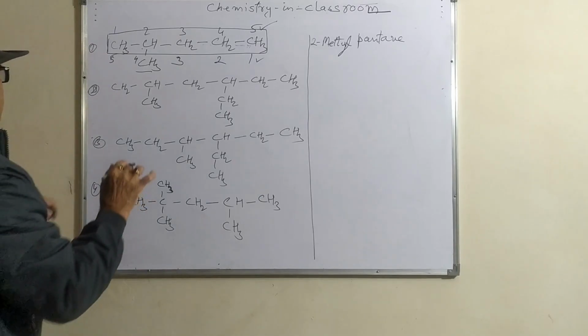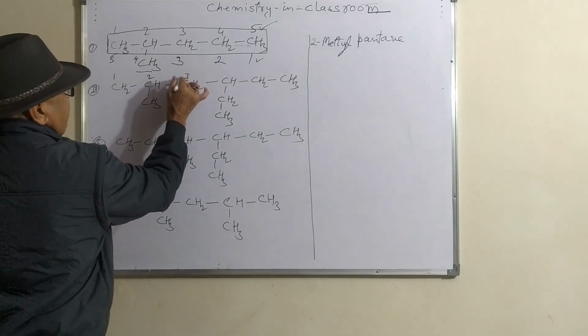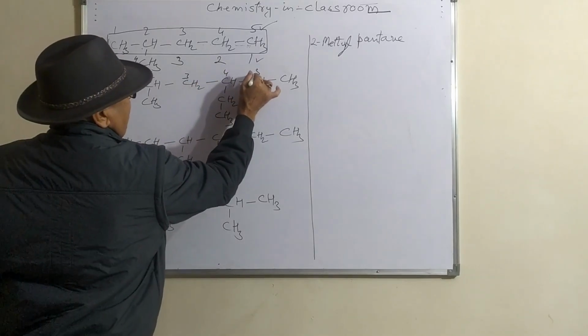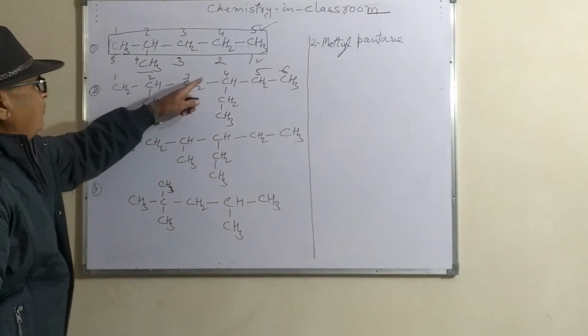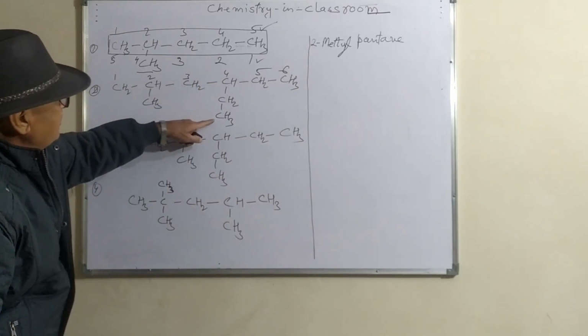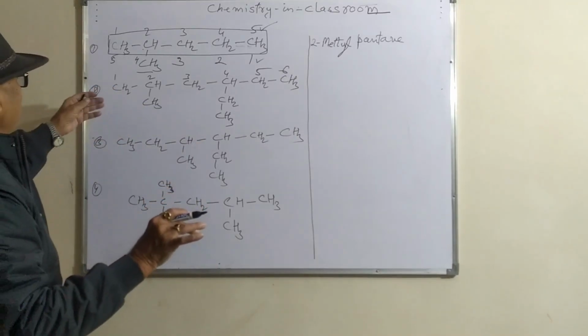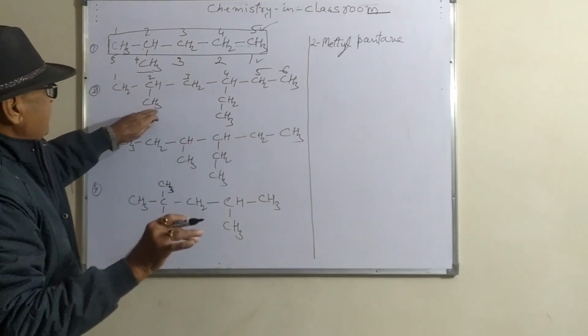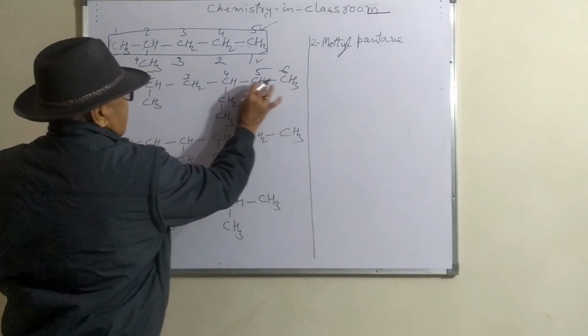Again, I am coming to the second example. Here you can start the numbering from here: 1, 2, 3, 4, 5, and 6. This is the longest chain. This can also be a longest chain, but here you find the maximum number of groups, CH3 and C2H5. So this chain will be selected as the longest chain.